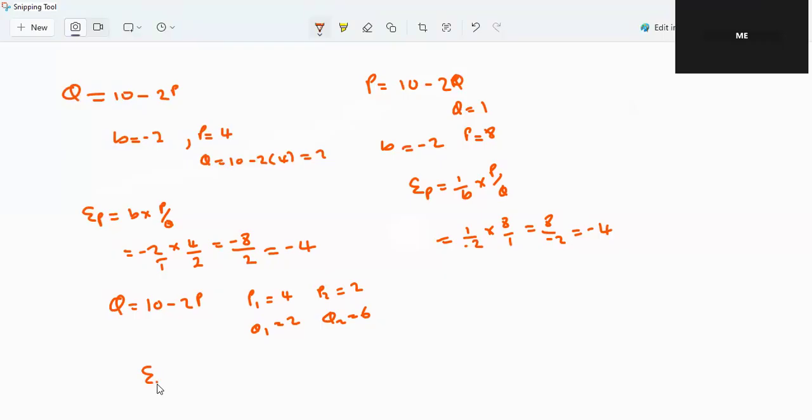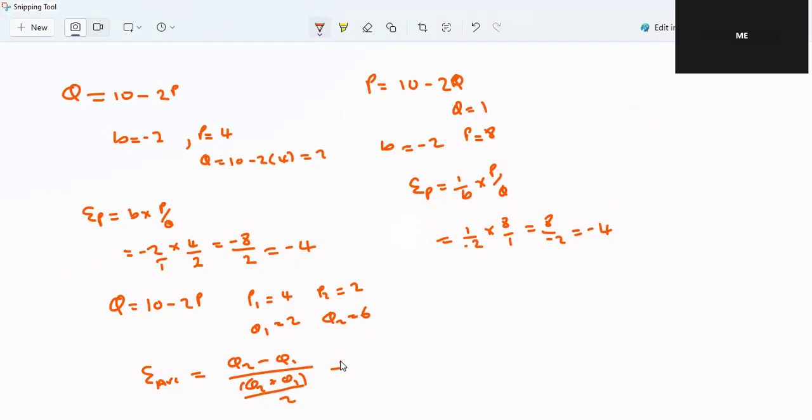It is a little bit tough. Average quantity, you add them and divide by 2: Q2 plus Q1 divided by 2.